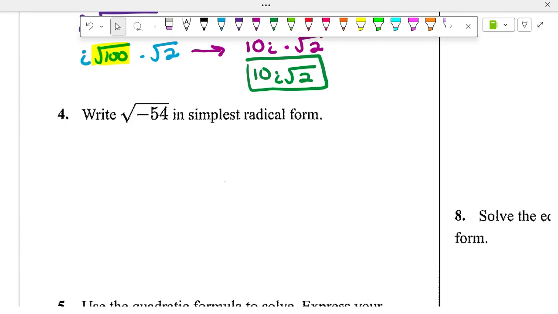Now, if you want to check yourself and see if you're right, once you think you got an answer, you can always pull up that number and calculate on your calculator if you want to.